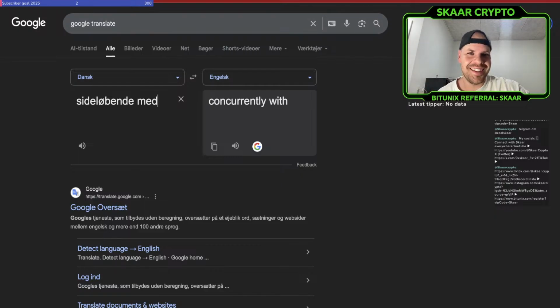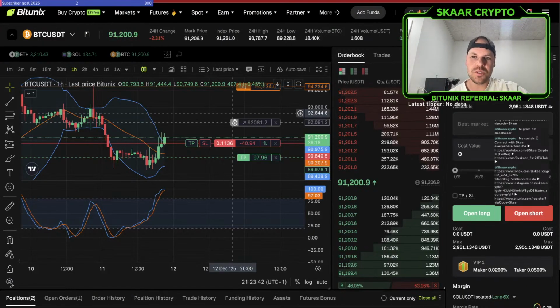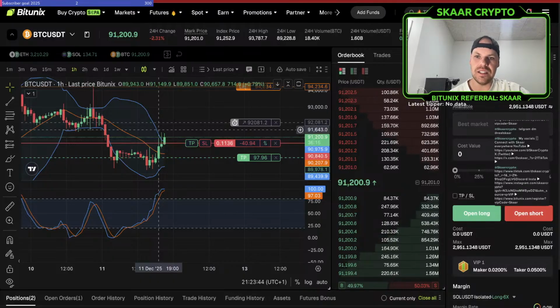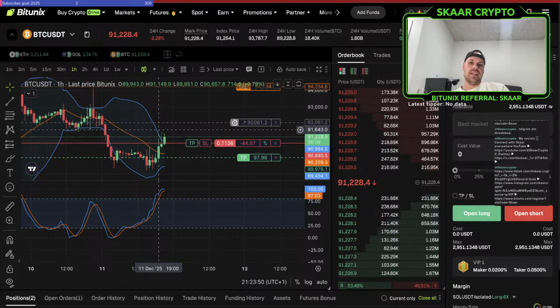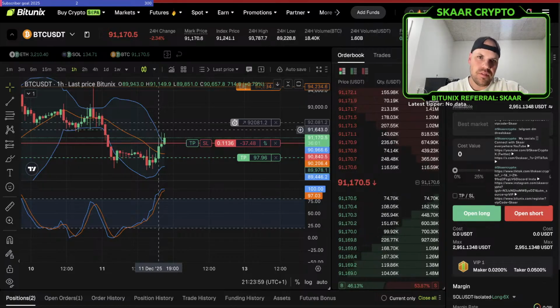Concurrently with their other developments, they also have a whole hard developer team working on quantum resistance, and they're actually the only one that had a transaction or a signature on chain that has been approved by, what is it called?